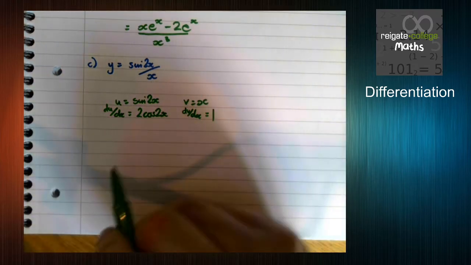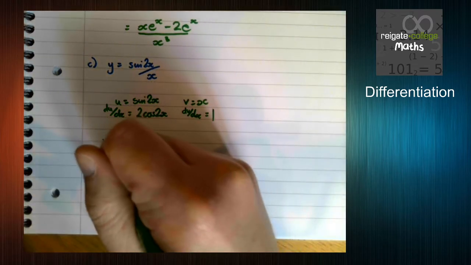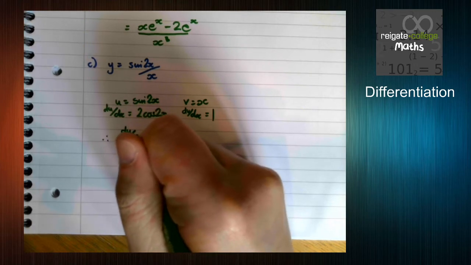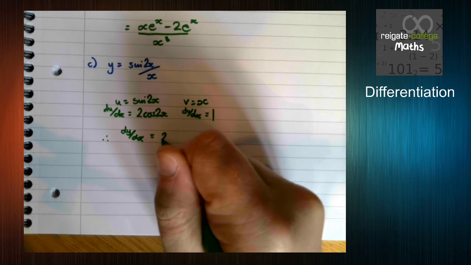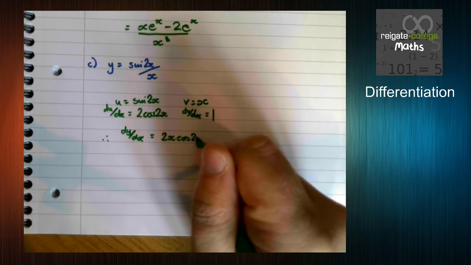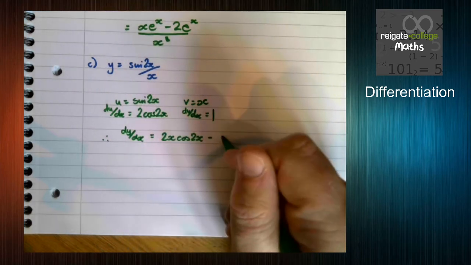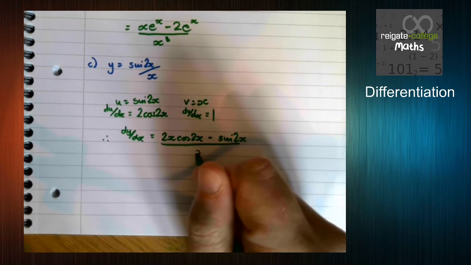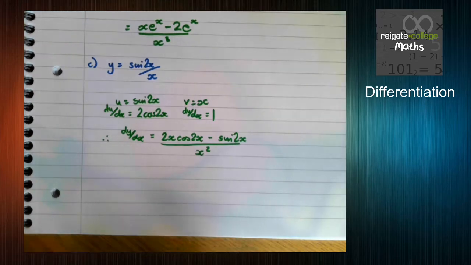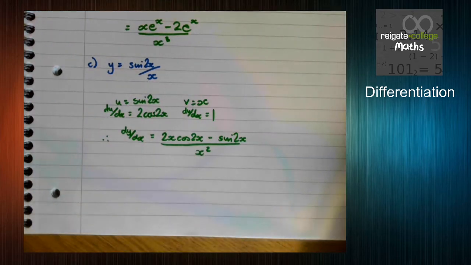This differentiates to 1. Therefore, dy by dx is going to be v du minus u dv over v squared. And this one, we don't have any cancelling, no simplifying to do, so we just leave it there.